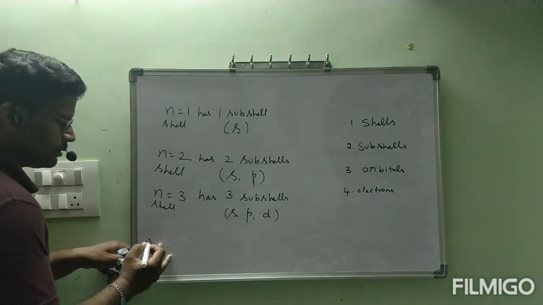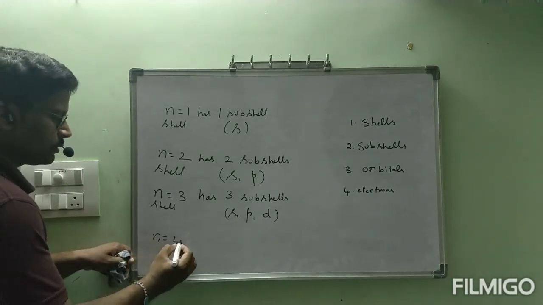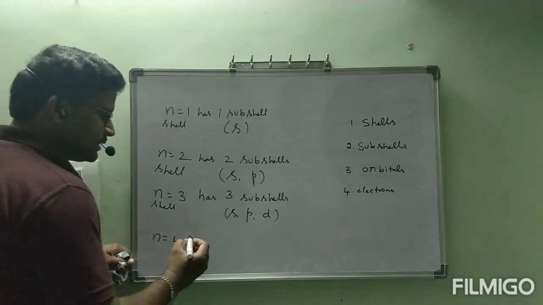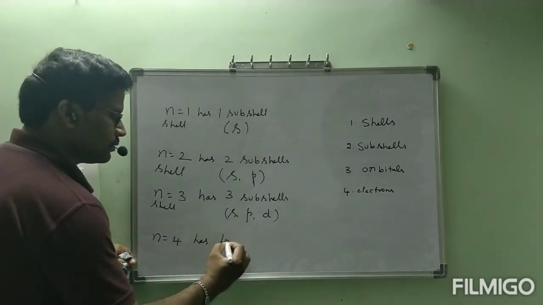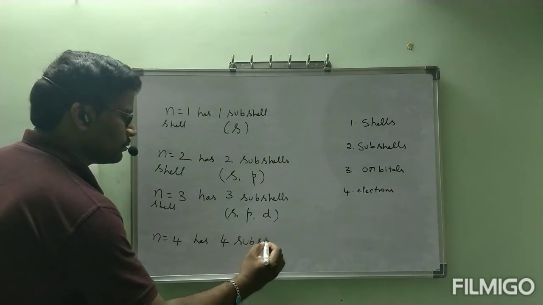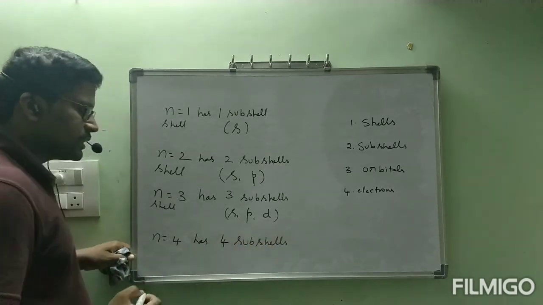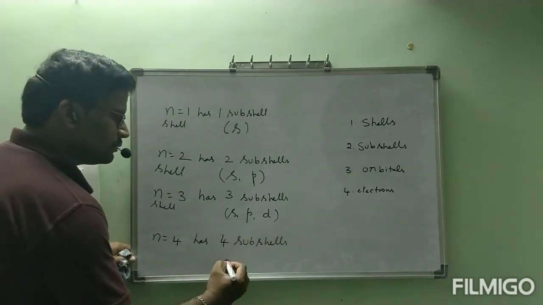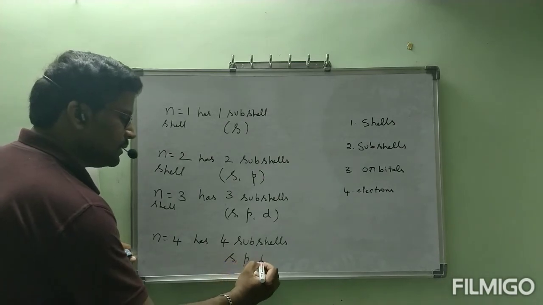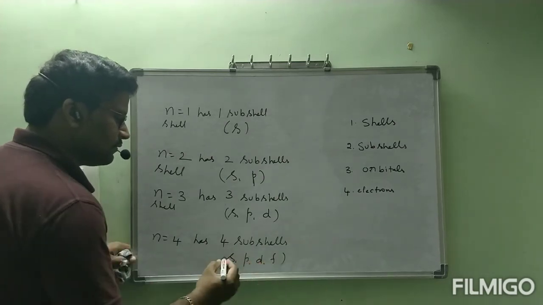Next, n is equal to 4 has 4 subshells. Those are s, p, d, f.